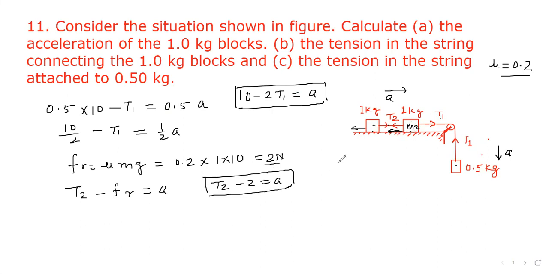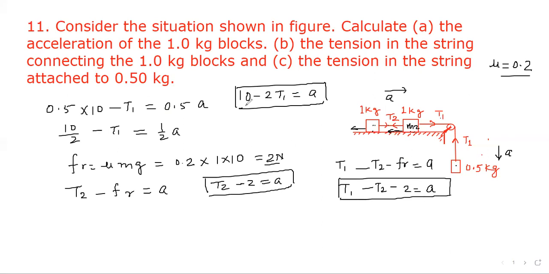So T1 minus T2 minus friction is equal to the net force causing motion in the 1 kg block with acceleration A. Now we put the values: T1 minus T2 minus 2 equal to A. This is the third equation.